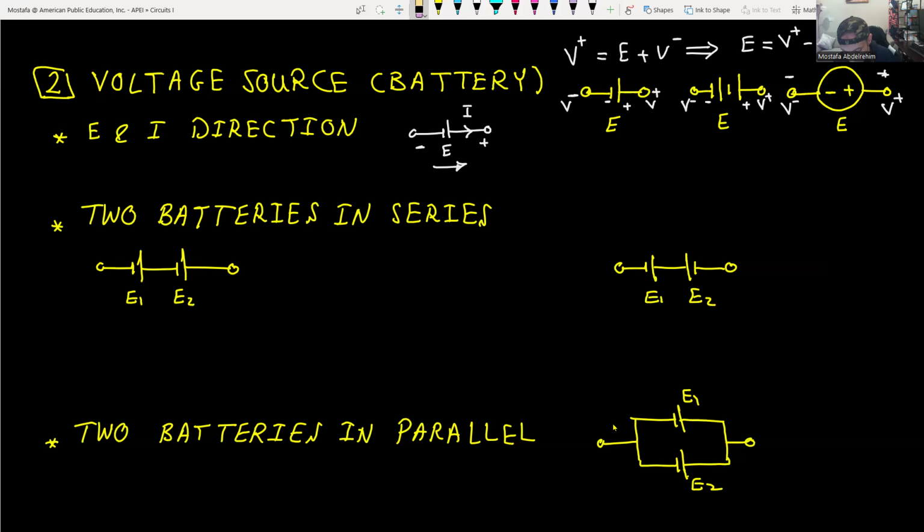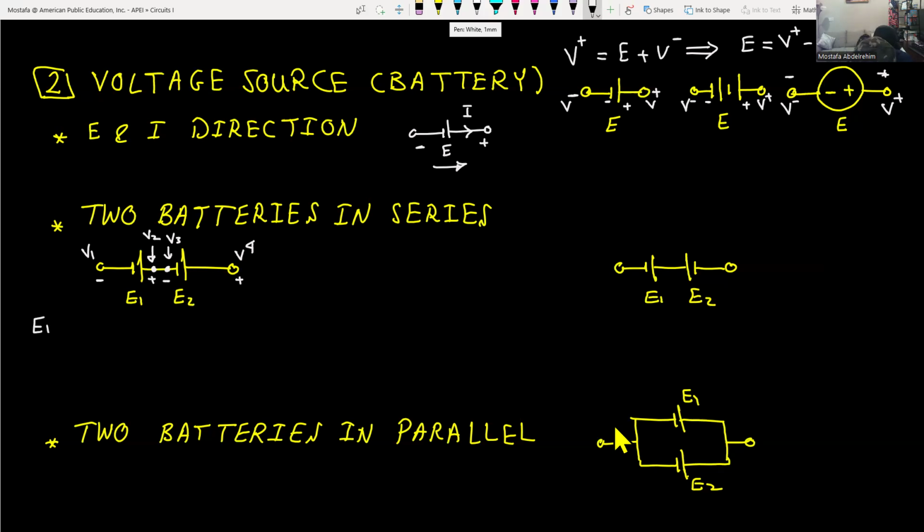So in this case, let's assume this node is called V1, this node here is called V2, another node here is called V3, and this one is V4. Where is the positive and the negative of E1? This is the negative of E1, and this is the positive of E1. Where is the positive and negative of E2? That's the negative of E2, and that's the positive of E2.